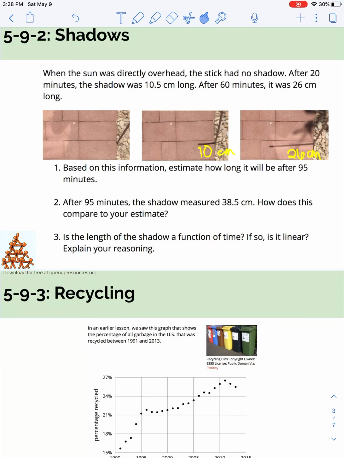So if I just did 60 divided by 26, I'd get 2.3. So that could be one rate, 2.3 centimeters per minute, I guess.